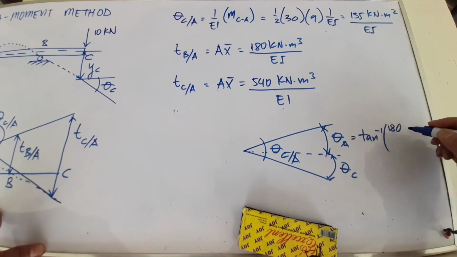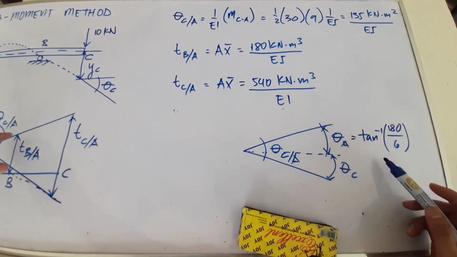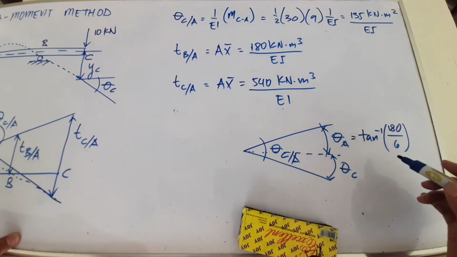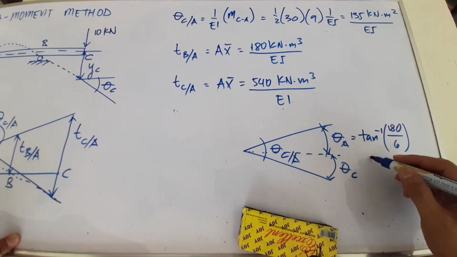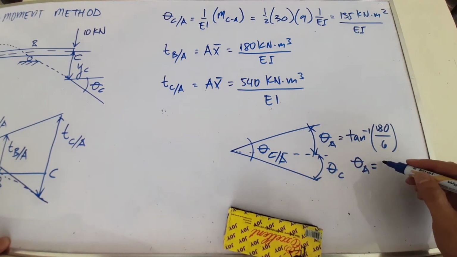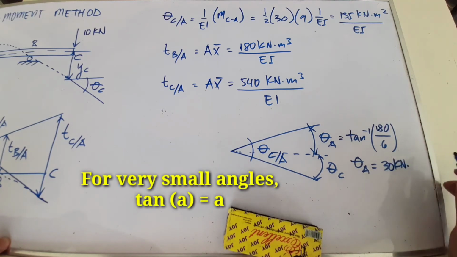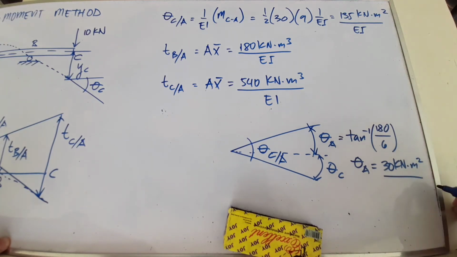That's 180 kilonewton divided by 6. Tangent negative 1. So, ang theta A natin is 30 kilonewton meter square divided by EI.